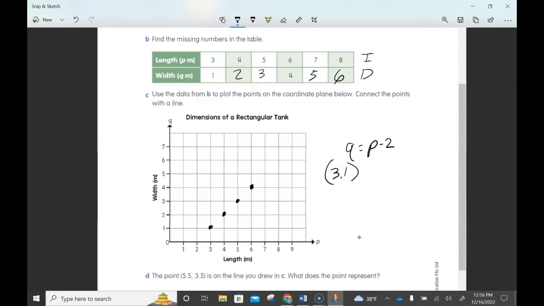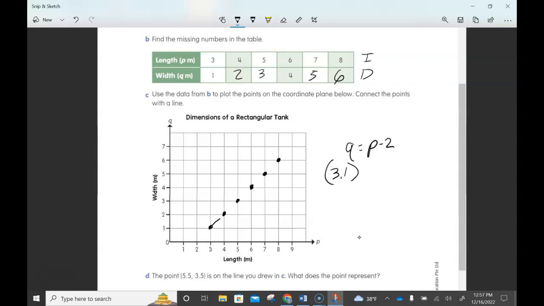If it were forming a line that was very jagged, looking like the Mississippi River, you would not have the correct numbers filled in with your linear equation. Then 7, 5, and 8, 6. Once you have your points plotted in the coordinate grid, you want to just draw a straight line.